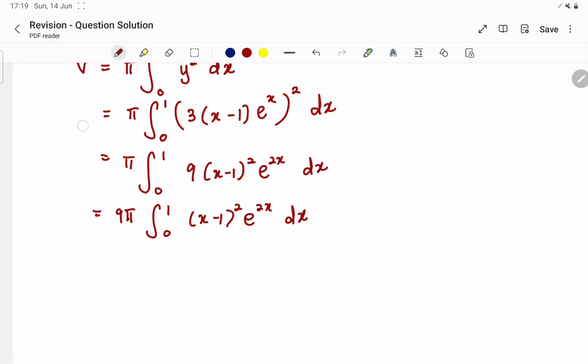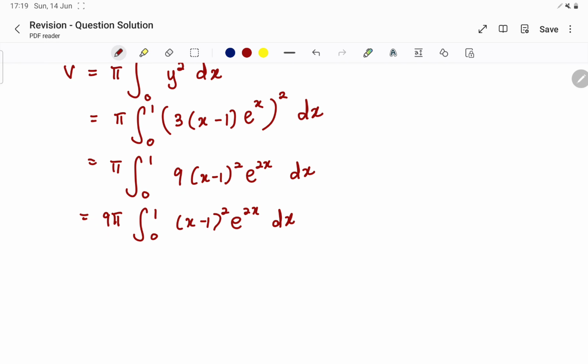Now we can solve this using tabular integration. If you don't want to, you can use integration by parts as well, it's up to you, but it's easier to use tabular. So for tabular, I will let (x minus 1) to the power of 2 be f(x), and g(x) is e to the power of 2x.